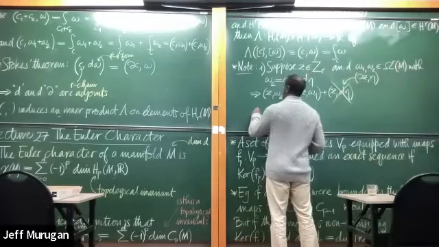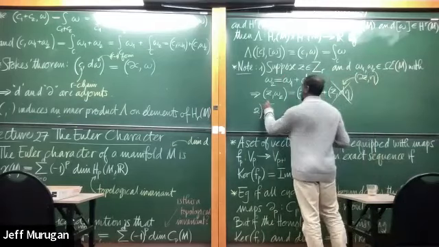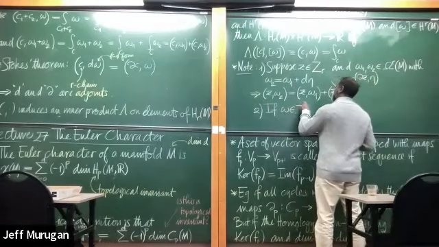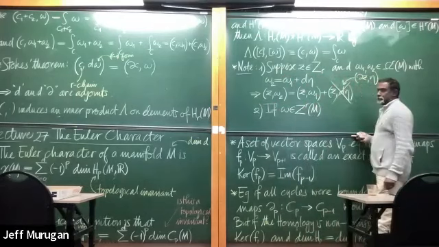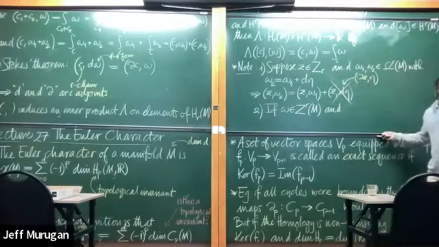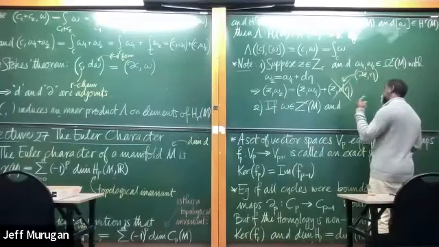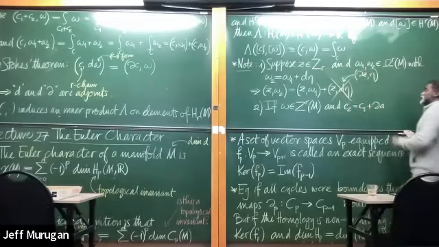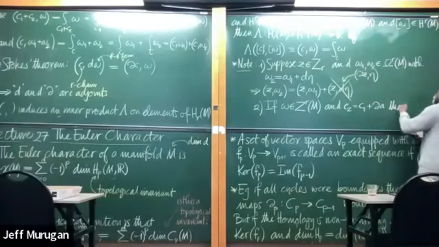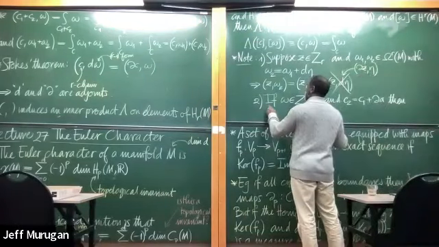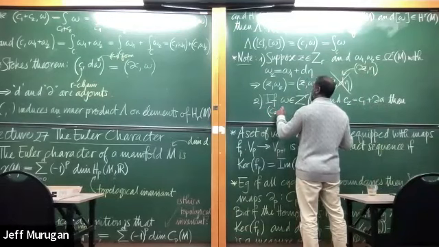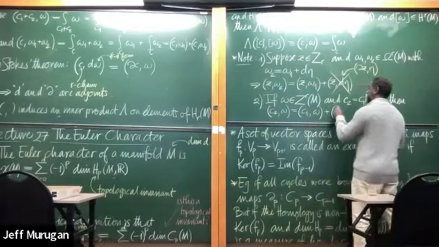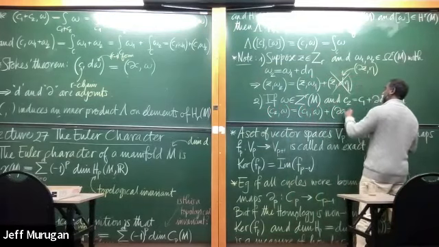Similarly, if omega is some closed r form, and I take two r chains, C1 and C2, that differ by a boundary, so C2 is C1 plus d of something, let's say A. Then C2 inner product omega is C1 inner product omega plus dA inner product omega.